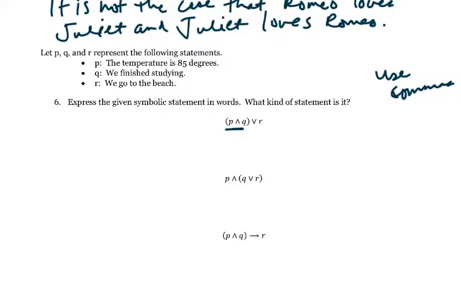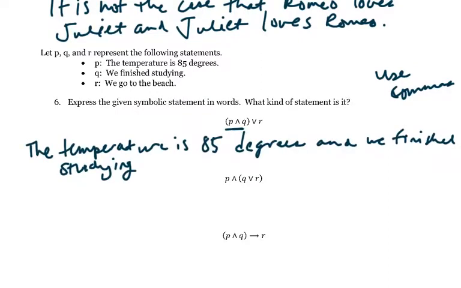You're going to want to put in commas that shouldn't be there unless you're grouping things together. So in this case, we have the temperature is 85 degrees and we finished studying going together. So let's write that. And then to show that or we go to the beach, we're going to put a comma there and then say or we go to the beach.